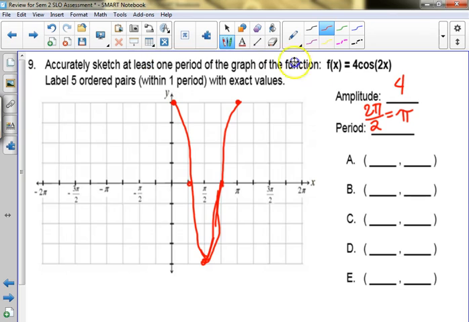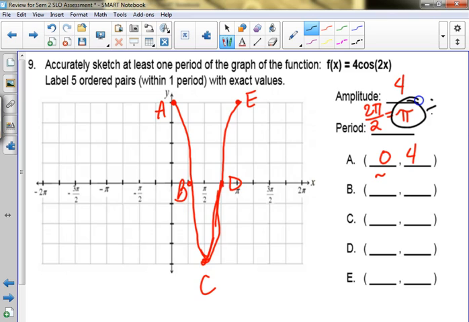It says label the points A, B, C, D, E, 5 points within 1 period. Anybody help me with the ordered pairs? 0, 4. What should we be counting by?